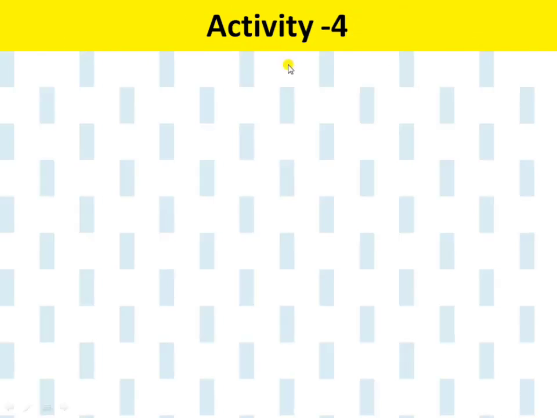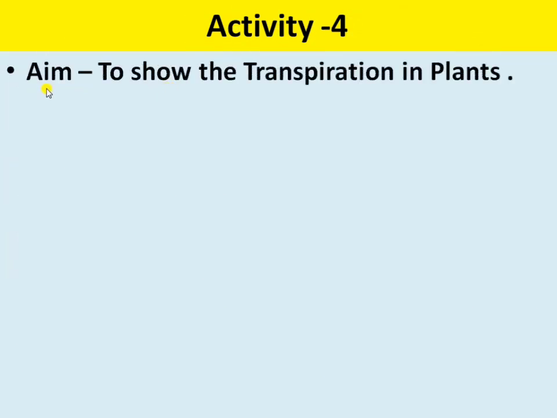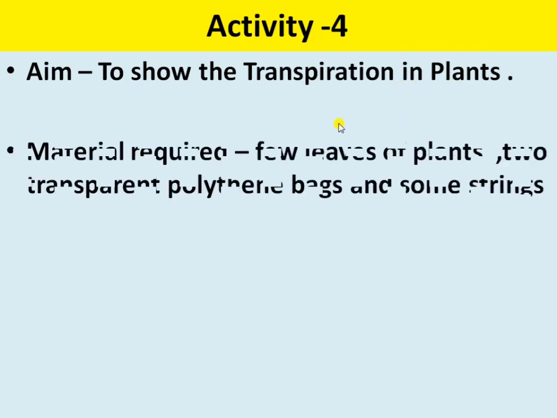Moving on, the fourth activity aims to show transpiration in plants. The material required to perform this activity is a few leaves of a plant, 2 transparent polythene bags and some strings.